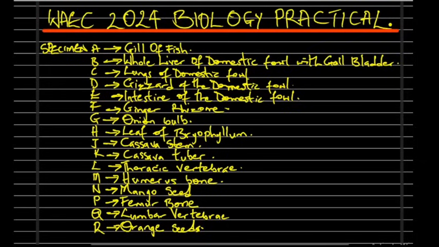So we'll move straight to talking about specimen A, which happens to be the gill of a fish. So what do we have to say about specimen A?